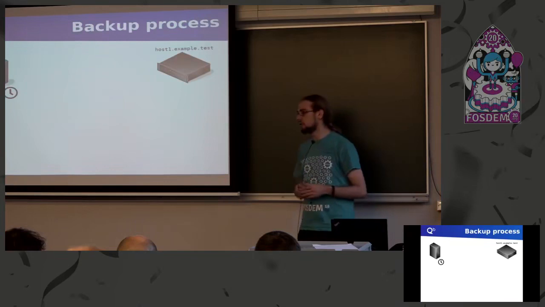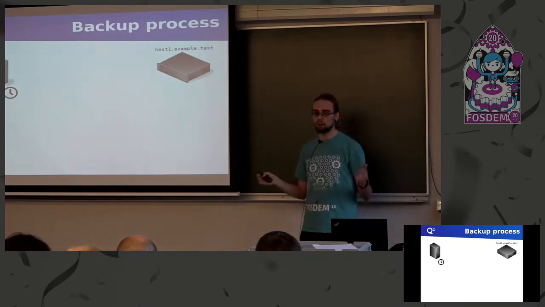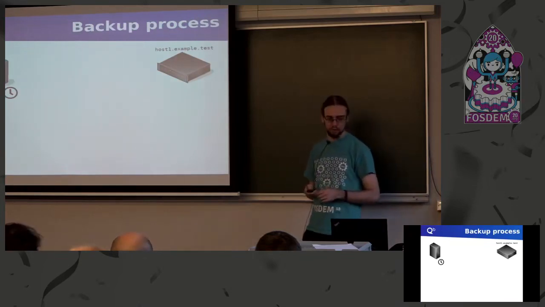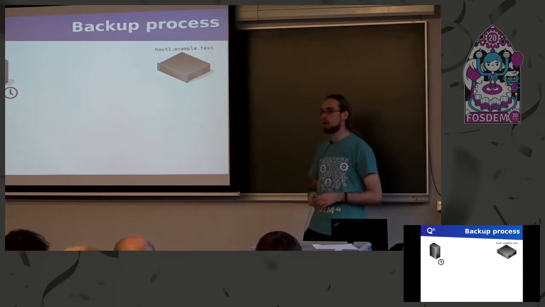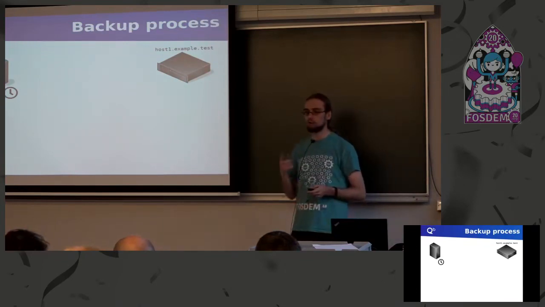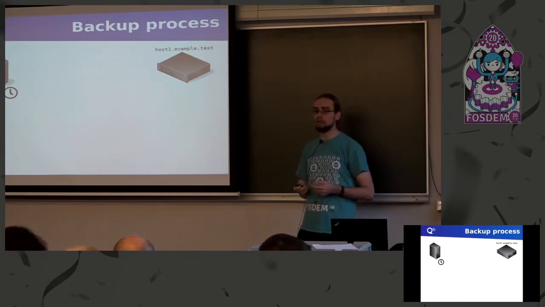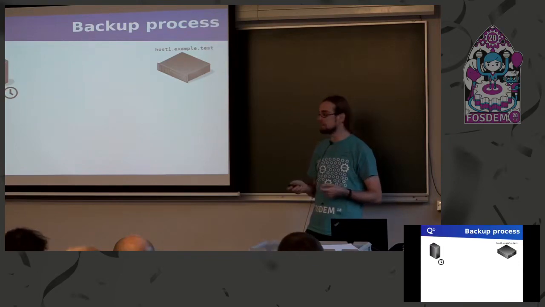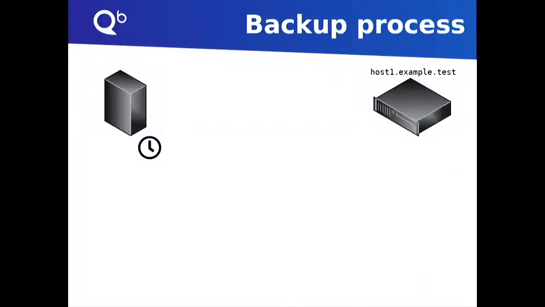Now I'll present the complete backup process. So basically, you have the backup server here. There's a cron that is running periodically on the backup server. For us, it's once a day, but you can have the frequency you want. This cron is in charge of executing the backup script that I just talked about.